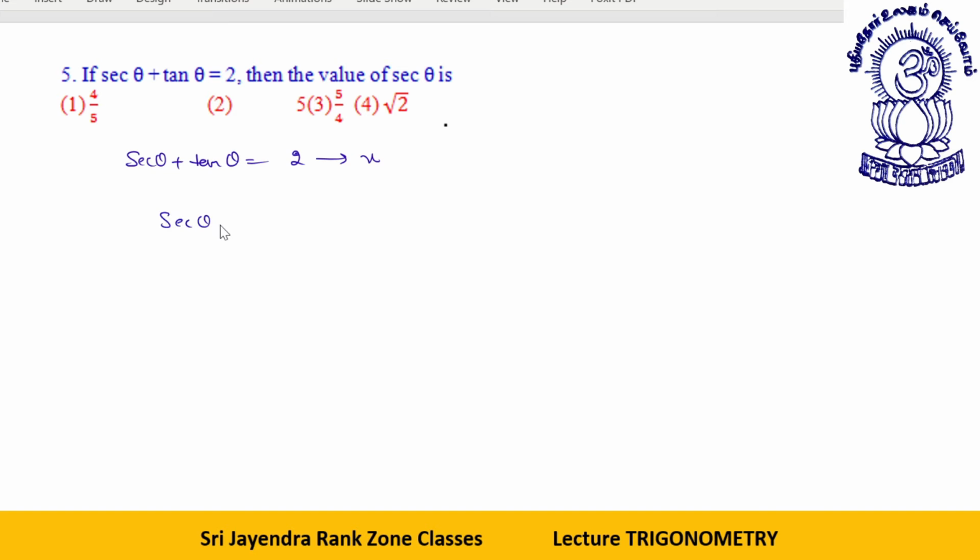Then sec theta is x square plus 1 by 2x, or 2 square plus 1 by 2 into 2, that is 5 by 4. Clear? Let's proceed further.